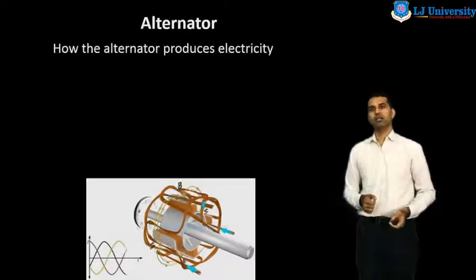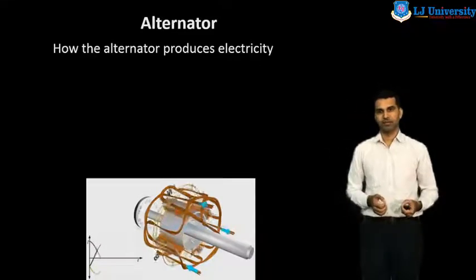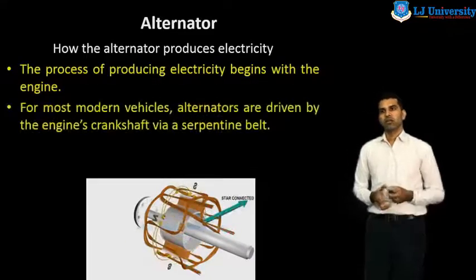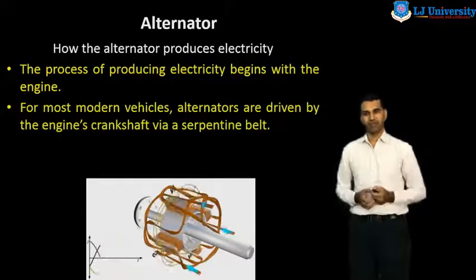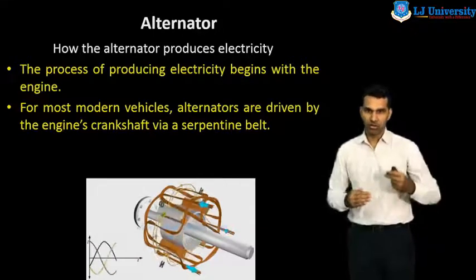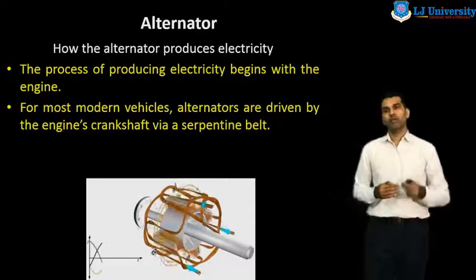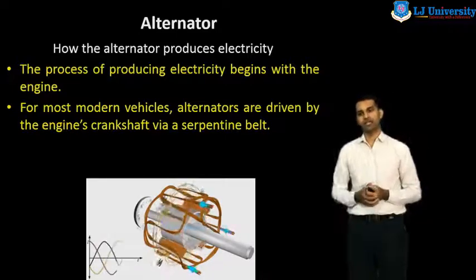Now we discuss how the alternator produces electricity. The process of producing electricity begins with the engine. We know that the engine crankshaft is continuously rotating. That rotational motion is mainly used to produce the electricity.